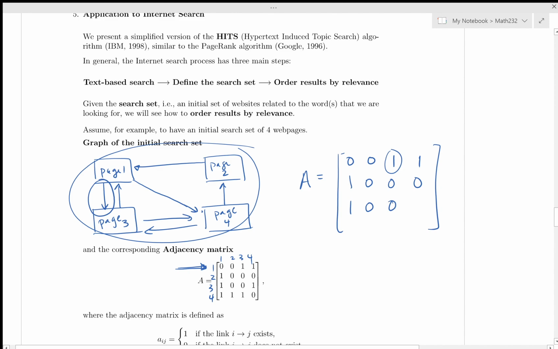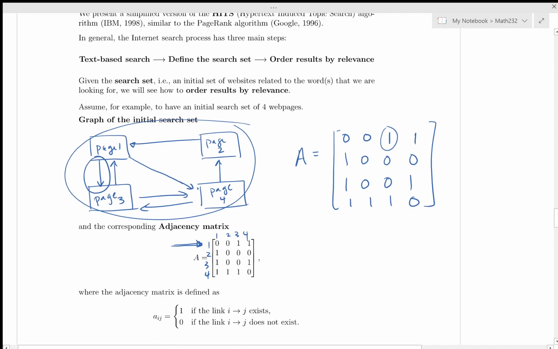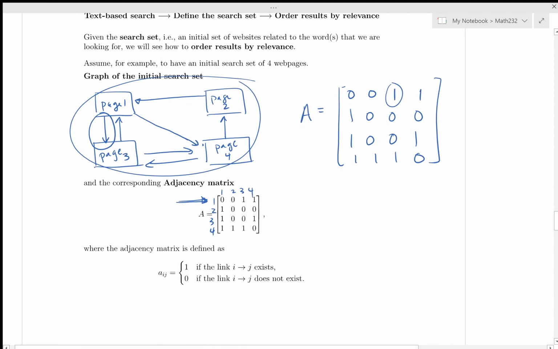No. Page 4? Yes. And then I look at page 4. Page 4 references 1, 2, 3, and doesn't reference itself. So then I have this adjacency matrix. That's it. I have captured the text-based search in a matrix.